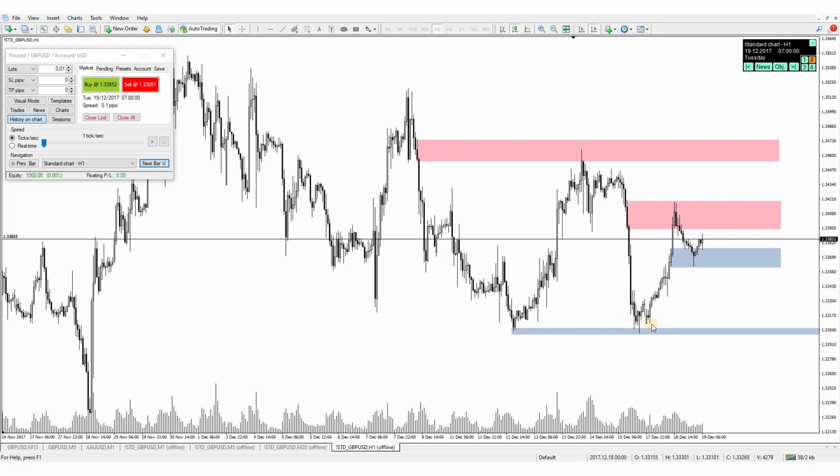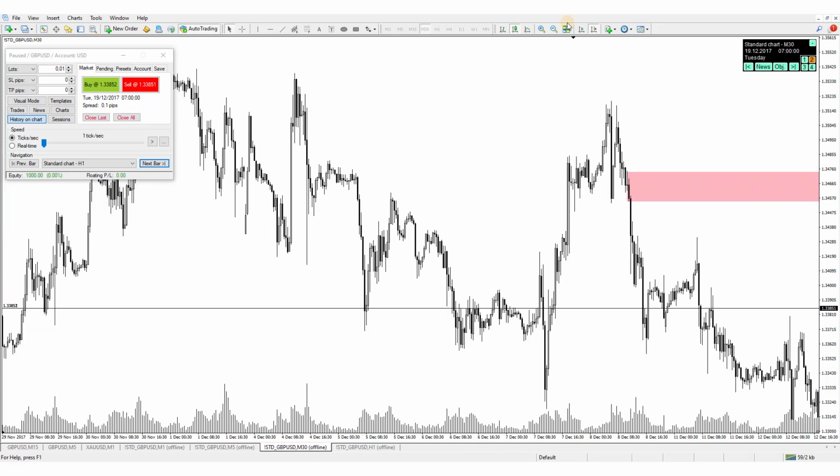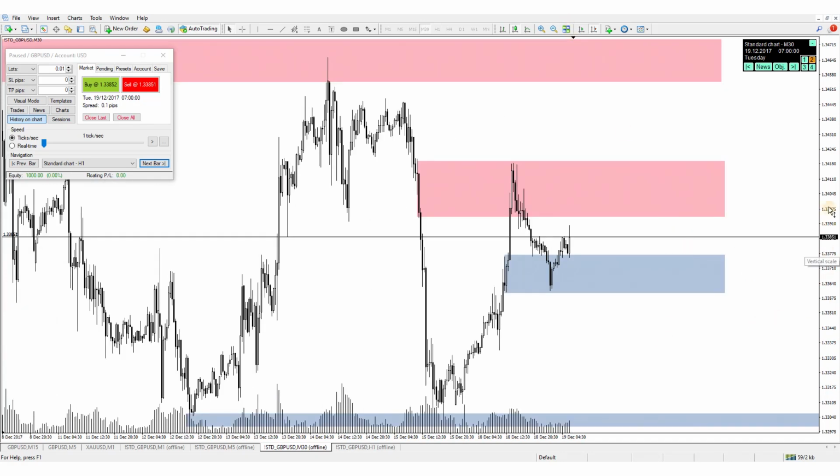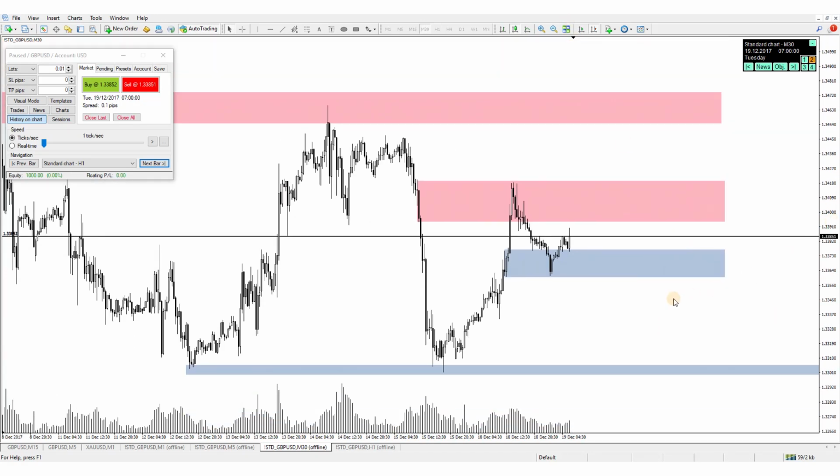Price even left liquidity here, but let's see. For example, maybe in London. I usually trade only the London session now, so let's copy this and go to the lower time frame. Maybe we can see some cleaner action.